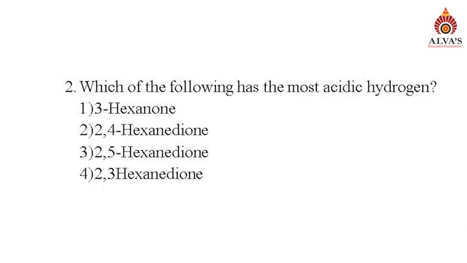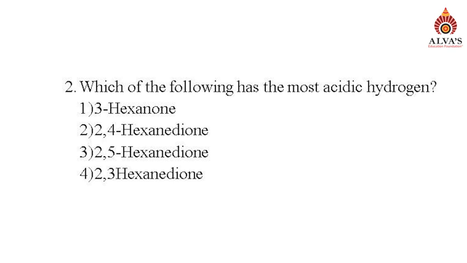Let us go to question number 2. It says, which of the following has the most acidic hydrogen? Options are 3-hexanone, 2,4-hexanedione, 2,5-hexanedione and 2,3-hexanedione. To decide the compound having the most acidic hydrogen, we have to look into their structures.